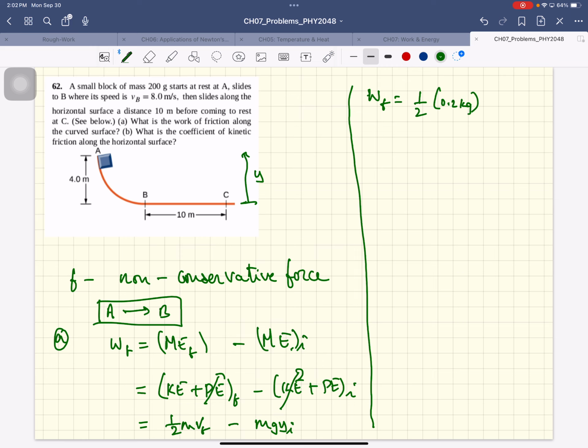The mass is 0.2 kgs, and it's going at 8 meters per second, minus 0.2 kgs, g is 9.8 meters per second square, times 4 meters.